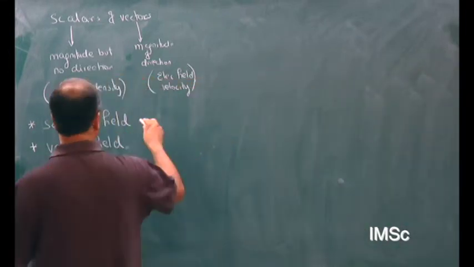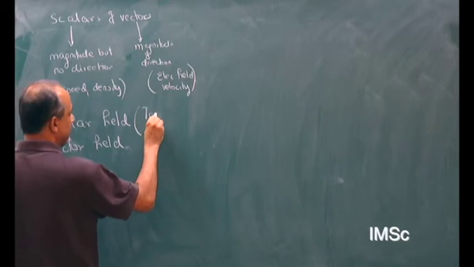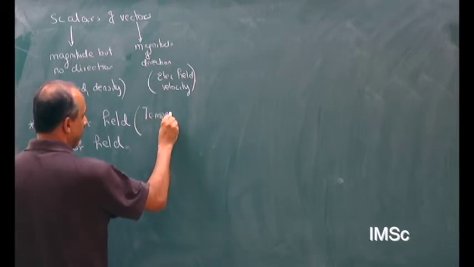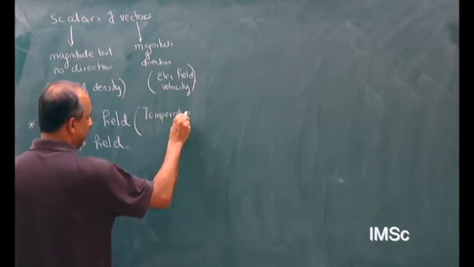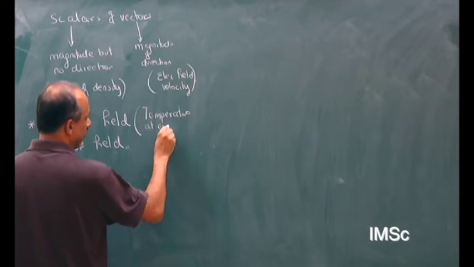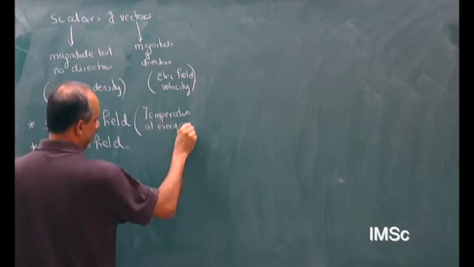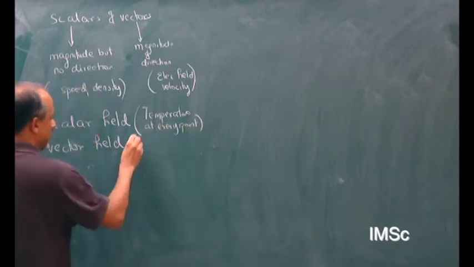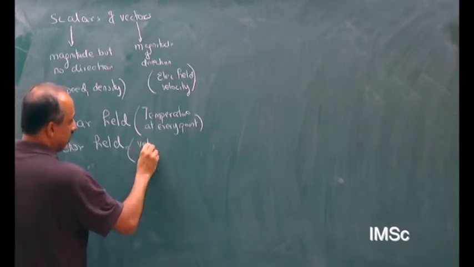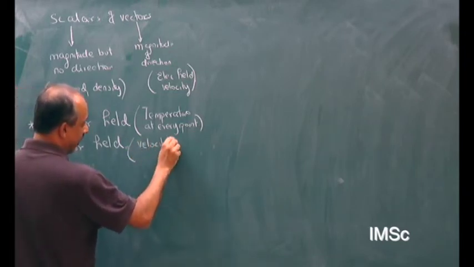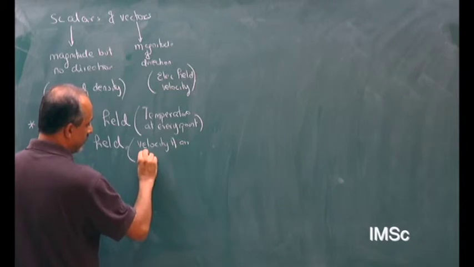A scalar field, for example, might be the temperature at every point in the room. A vector field might be the velocity of air molecules at every point in the room.